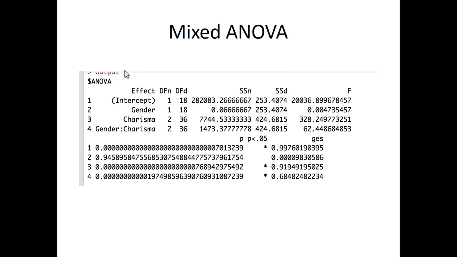There are differences in charisma, which you would expect. Right? So probably those low are getting rated the lowest and high are getting rated the highest, but we have to check that. But most interestingly, there's an interaction. So there's something about the combination of gender and different levels of charisma that change people's ratings. Okay. These are very big effect sizes, again, made up data.